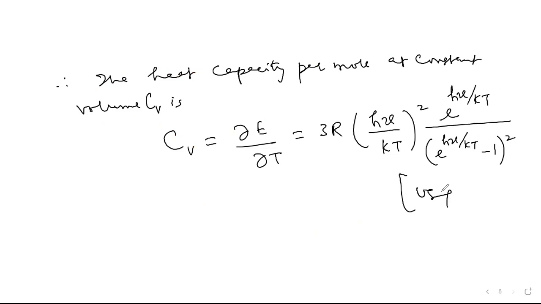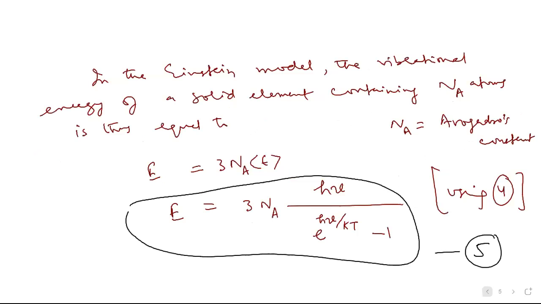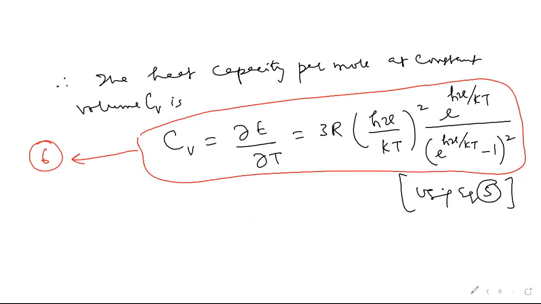So I write, using equation 5, let me encircle it and name it. This is my equation 6. This was equation 5 for E. Let me check it.